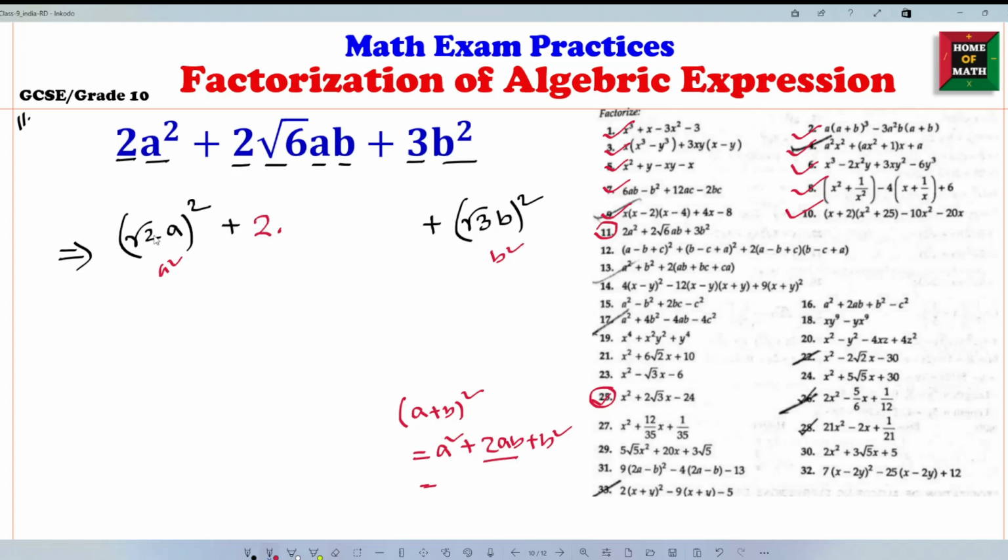So a means root 2a, b means root 3b. Now look, here is 2 root 2 and root 3, it means root 6. A times b means ab. So this one we can write as root 2a plus root 3b whole square. This is our answer.